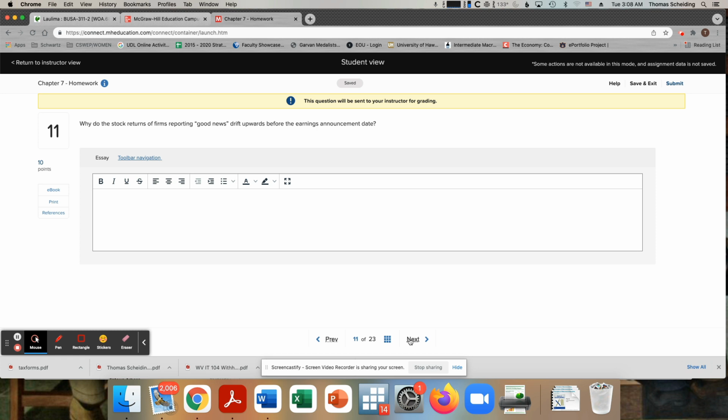Why do stock returns of firms reporting good news drift upwards before the earnings announcement date? This is a short answer, so you can state it how you want to. Basically, this is kind of like why we saw the drifting downward previously.